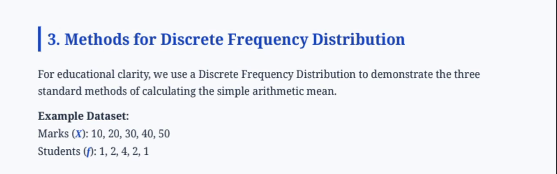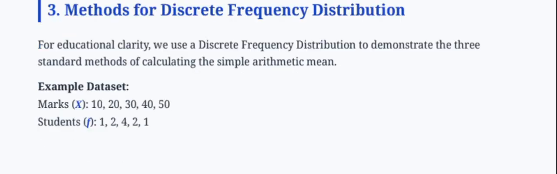So frequencies are variable, whereas marks are fixed. For example, if I am conducting an exam, the maximum marks is 100, so nobody can get beyond 100. But if the class strength is 100 and one or two students have left the class or school, the frequencies may change. That is why we call frequencies variable.